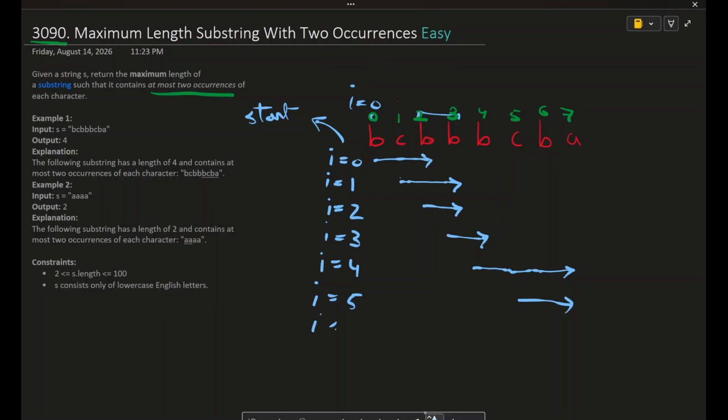If I start from i equals 6, I include these two elements, and if I start from i equals 7, I can include only this one character, that is A. So the length here is 3, here is 3 again, here is 2, 2, here is 2, here is 4, that is the longest. Here it is 3 again, and here it is 2, 1. So we have to return this 4 as our answer.